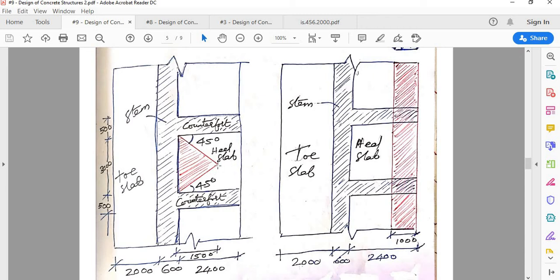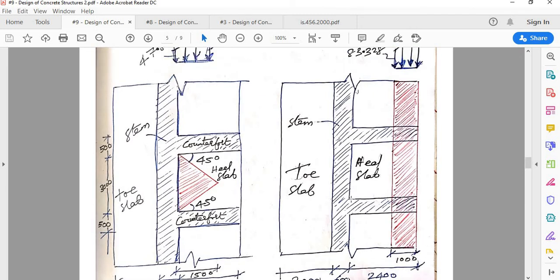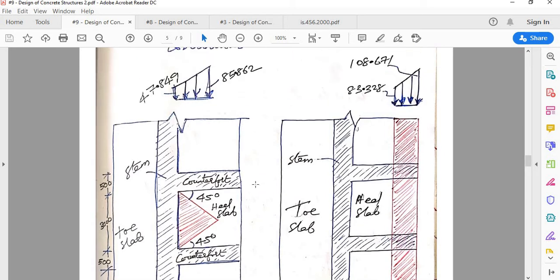So remaining there is barely 0.9 meter, 2.4 minus 1.5. So the 1 meter at the end, we'll design the heel slab like a continuous beam which is spanning between counterforts.